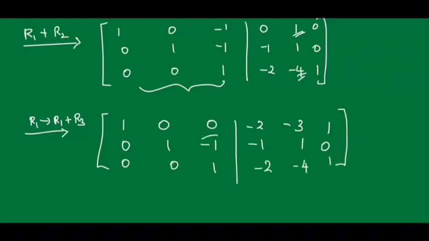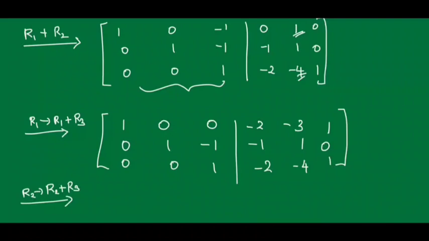Now we see that we have to transform only these two elements, where our aim is to bring only this element to 0 now. So what is the transformation we can do here? We can add R2 and R3 here. So the next transformation we are going to do, change R2 to R2 plus R3.